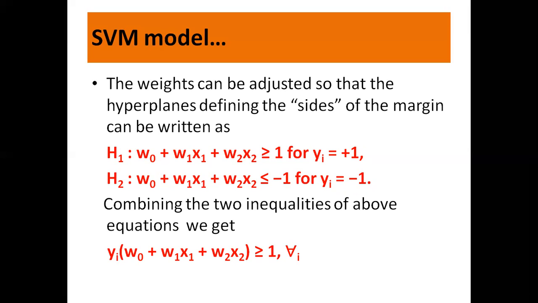That is, any tuple that falls on or above H1 belongs to class +1 and any tuple that falls on or below H2 belongs to class -1. Now we can combine these two inequalities of the above equation, and what we get is yi(w0 + w1x1 + w2x2) ≥ 1 for all i.